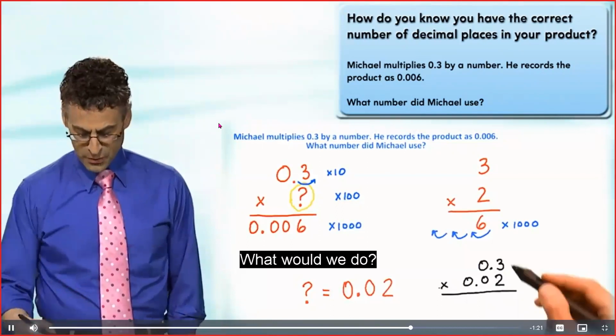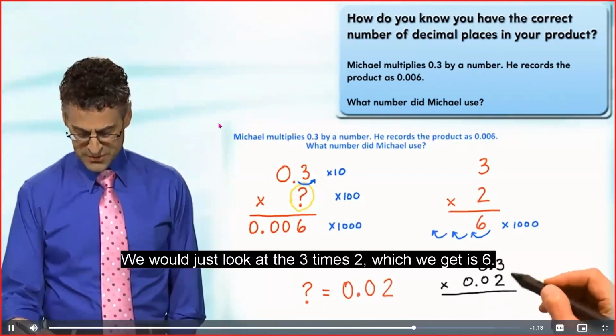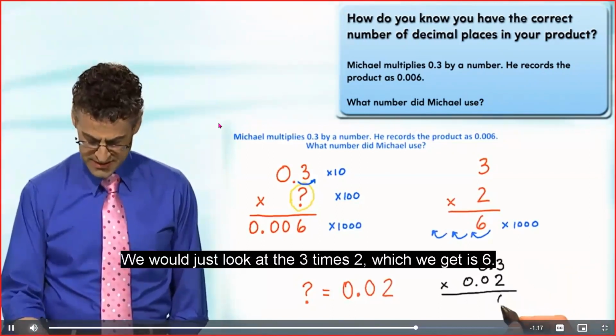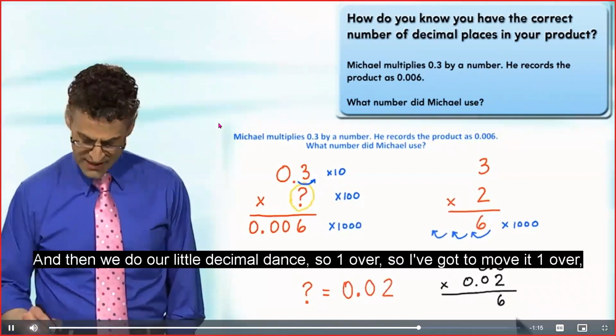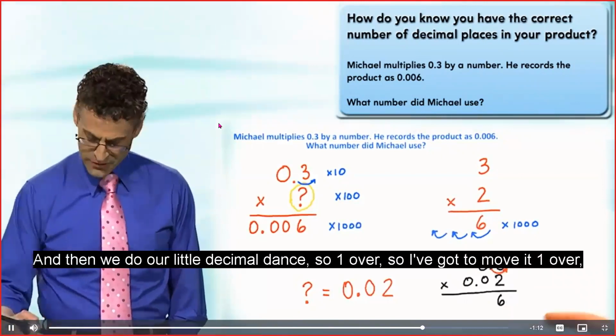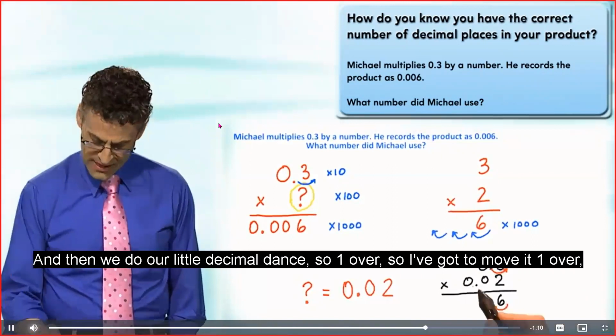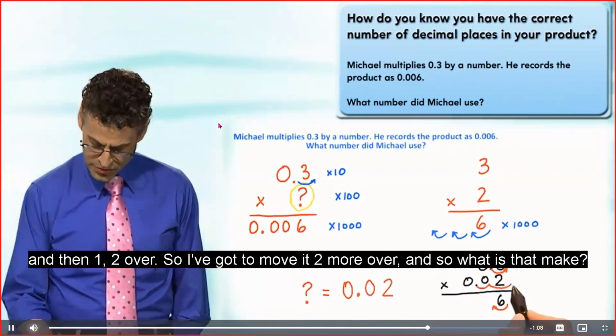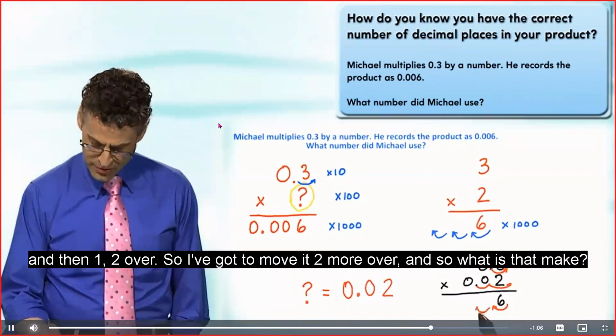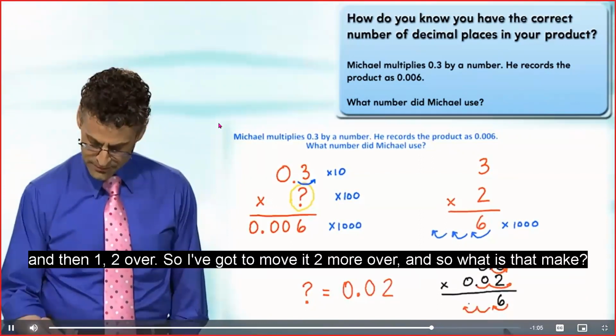What would we do? Well, now we know what we do. We would just look at the 3 times 2, which is 6, and then we do our little decimal dance. So 1 over, I've got to move it 1 over, and then 1, 2 over, so I've got to move it 2 more over. And so what does that make?